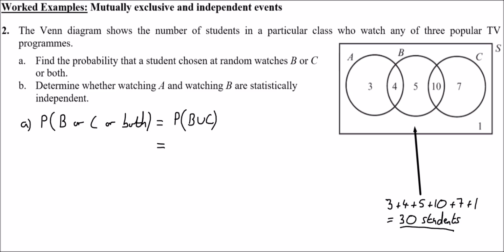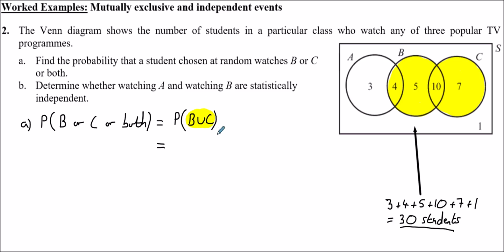So B or C or both, like I've said, that's the same as saying what's the probability of a student being in the union of B and C. So the union is all of the B circle as well as all of this C circle. All we need to do here is to total up the numbers in each of these 2 bits.